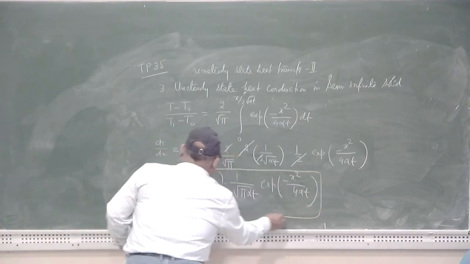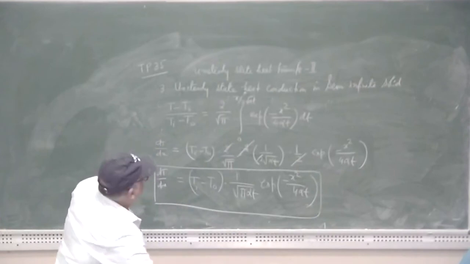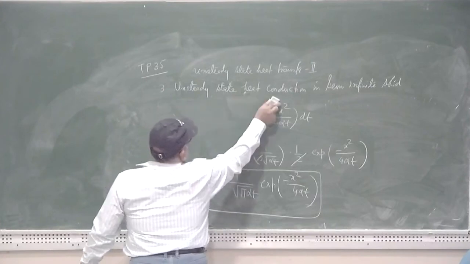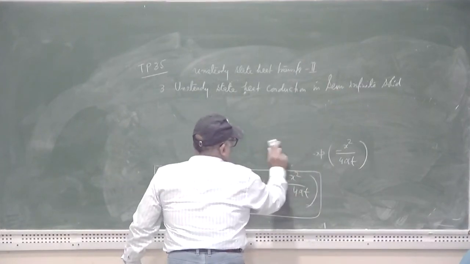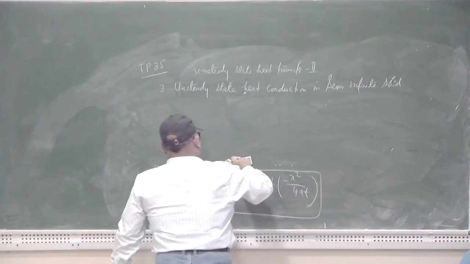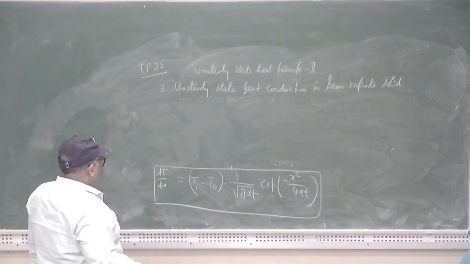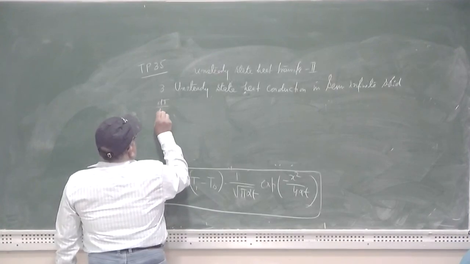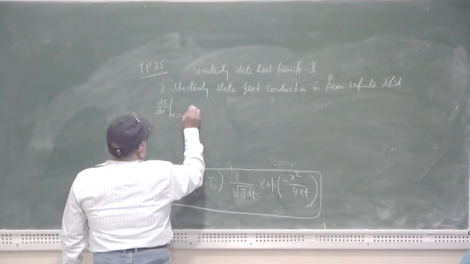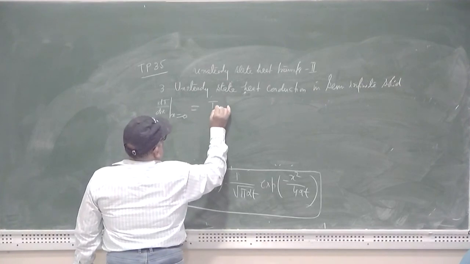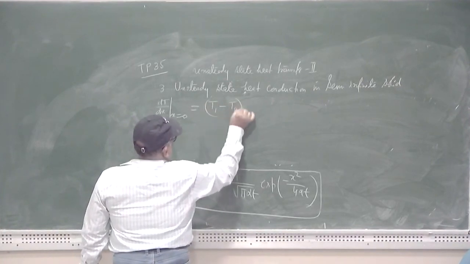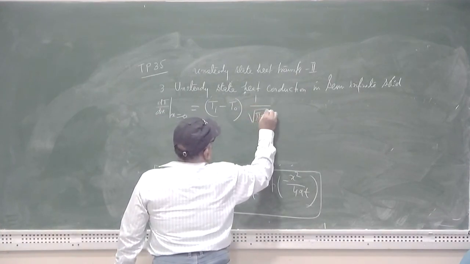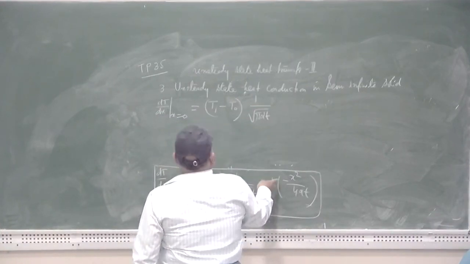Now keep this intact to proceed further. Evaluate this quantity at x equal to 0 in order to determine the heat flux. So the value of dt upon dx at x equal to 0 should be equal to ti minus t naught into 1 upon root pi alpha t.